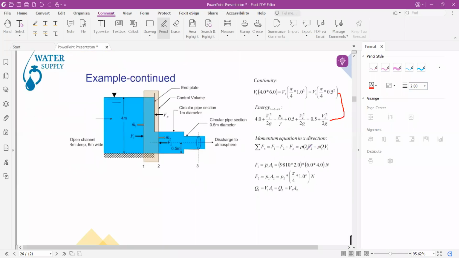Similarly, we have another equation, the momentum equation, which is derived by considering a pipe where flow enters the pipe and flow goes out of the pipe. For the momentum equation, we consider that the inflow mass flow rate is equal to the outflow mass flow rate.